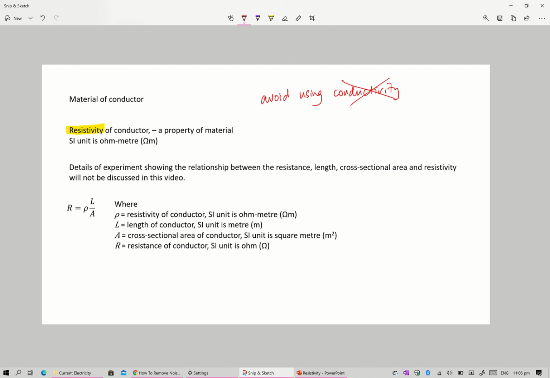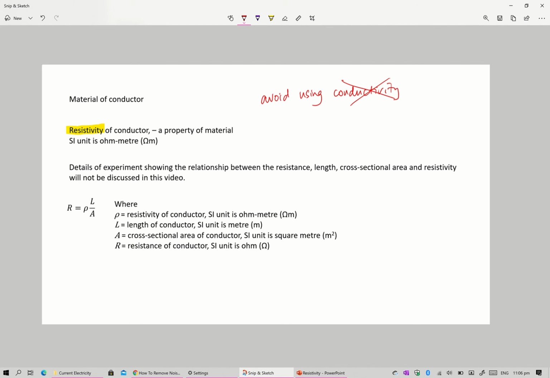Do not use this word. This is a common mistake by students. I guess it's because they are able to associate it with the word conductor. But do not use these terms loosely unless you're familiar with their definition. So in this case, I highly recommend you use the term resistivity.